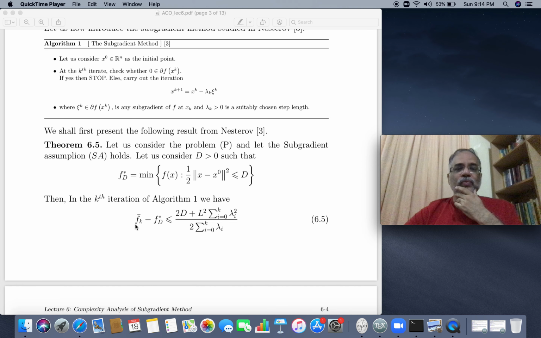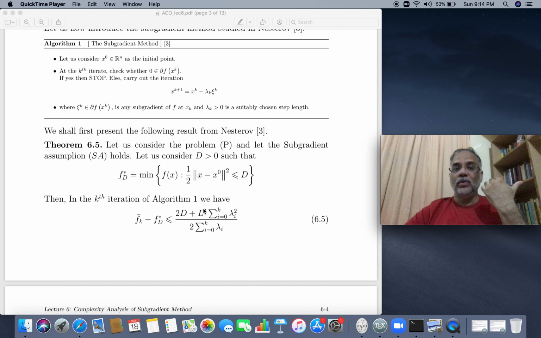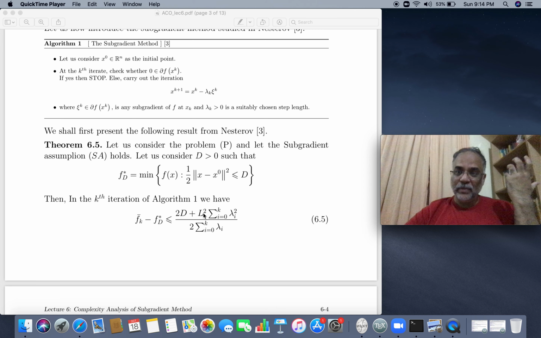We can prove that the difference between f star D and f bar k cannot be larger than this quantity, where it is given in terms of the constant D which you have set here, the L square of the subgradient assumption, and these are the step lengths.